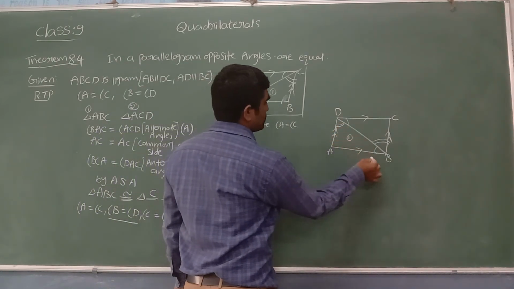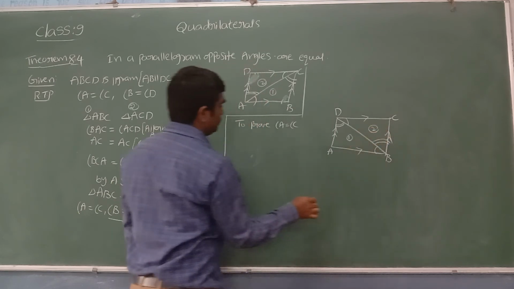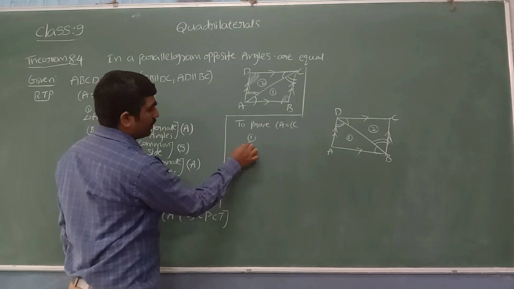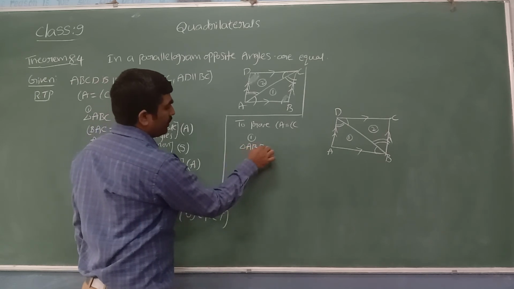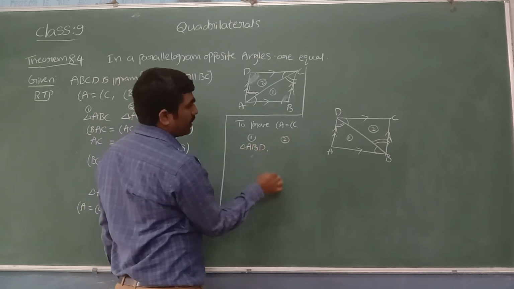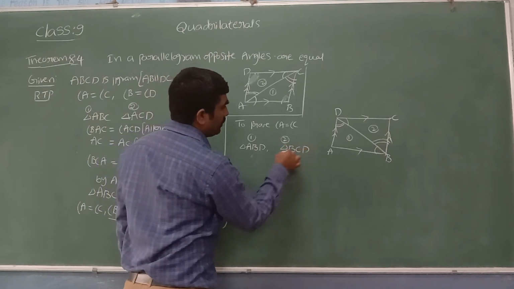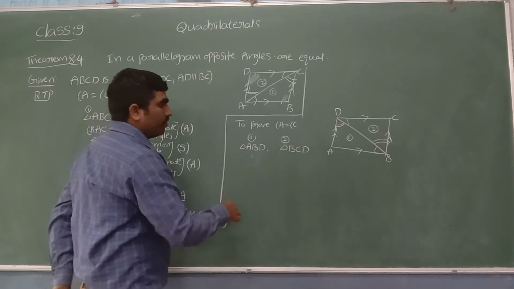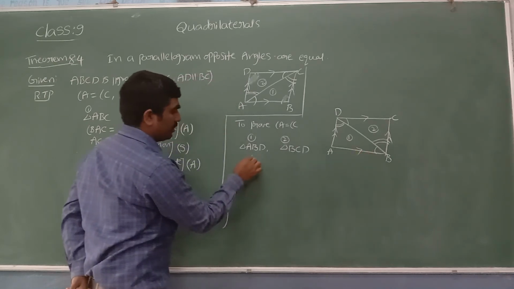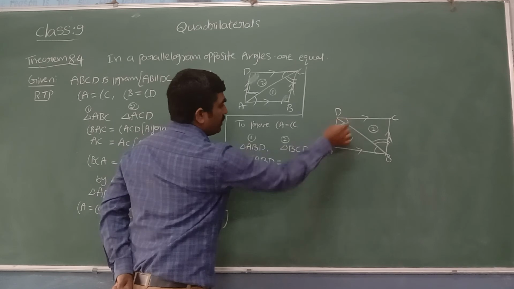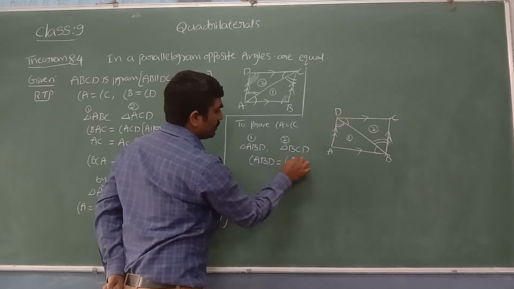Let me take my first triangle and second triangle. The first triangle is triangle ABD, and the second triangle is triangle BCD. From the first triangle we can say angle ABD is equal to the second triangle's angle BDC.